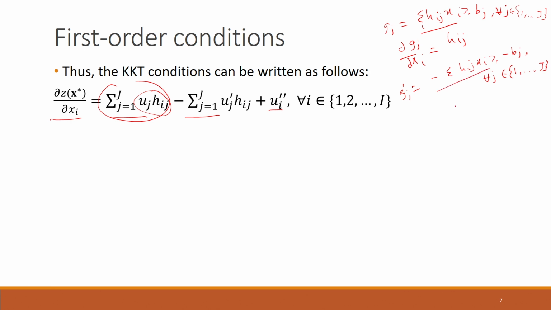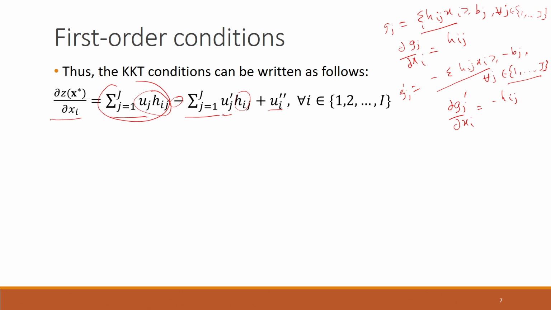So when you take the partial derivative of g dash j with respect to xi, what you will be getting is minus hij. Okay, so that is why there is a minus sign here, and then we have hij, and we have these parameters uj dash for every constraint j, and since again the number of such constraints is capital J, that is why there is a summation here.